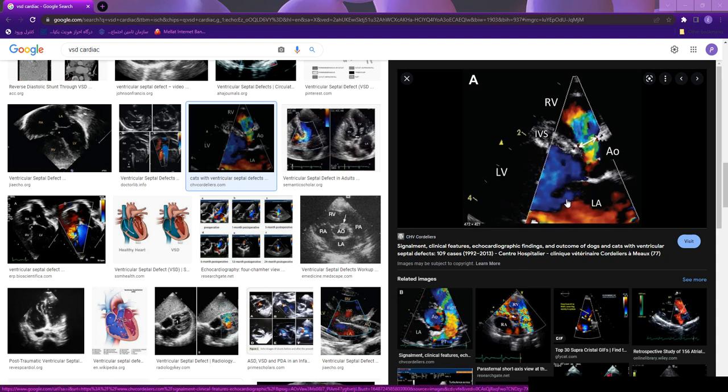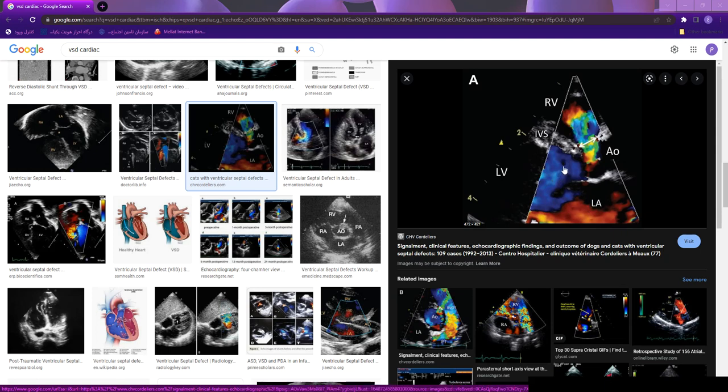So one of the indexes to know the size of the VSD is the velocity measurement by Doppler. If we have a high speed wave, we can say the VSD is small, and when the speed of blood is lower, the VSD is larger.